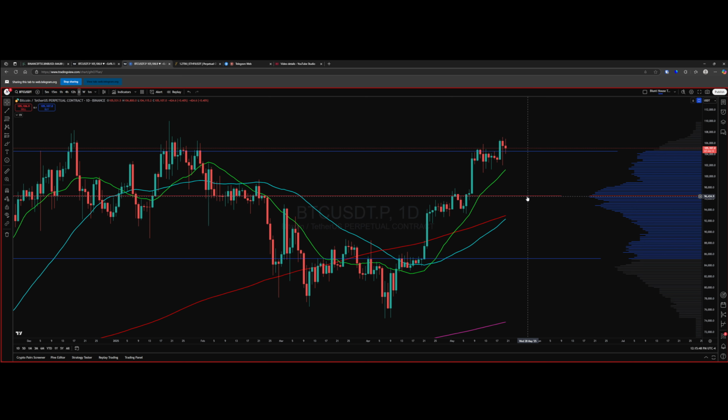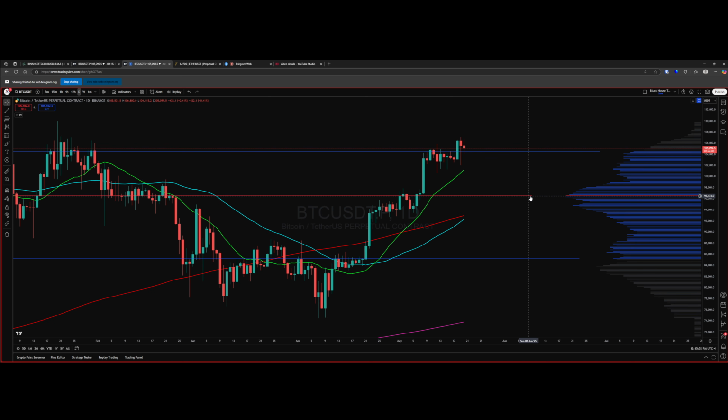Not this instantly, although I know it's a draw for price. Just as the 200-day moving average and the 50-day moving average are a draw for price. Time and price will find a way to come together, regardless of what we think and believe, or need to happen, or want to happen. Time and price will find a way to come back and meet each other.